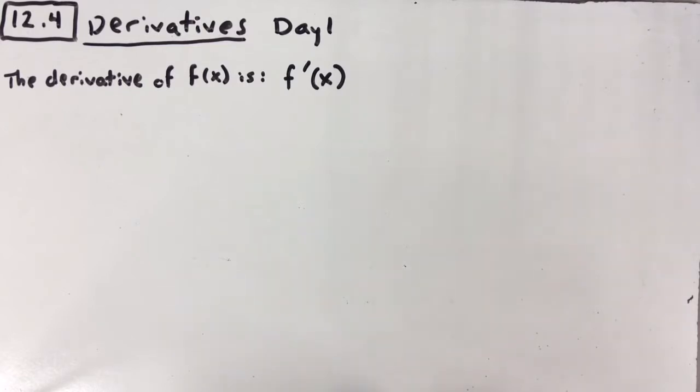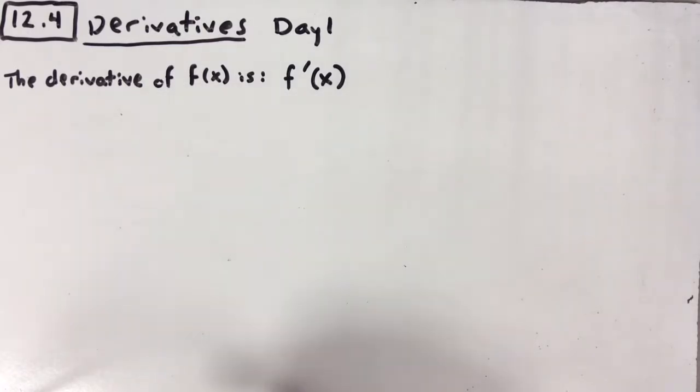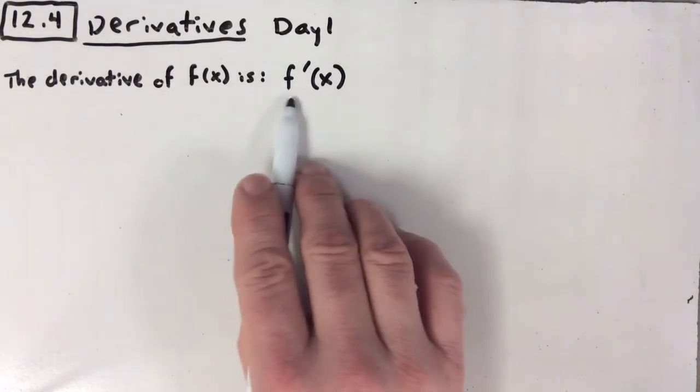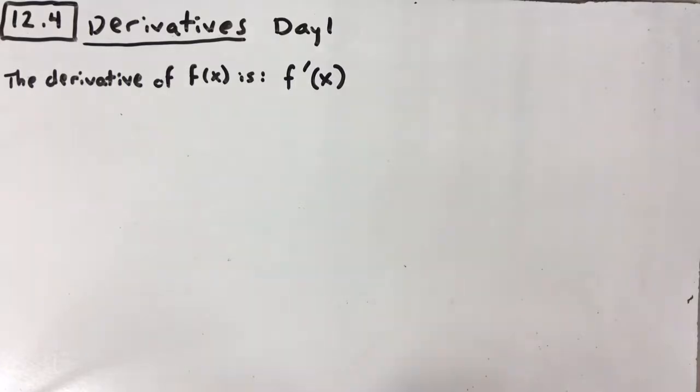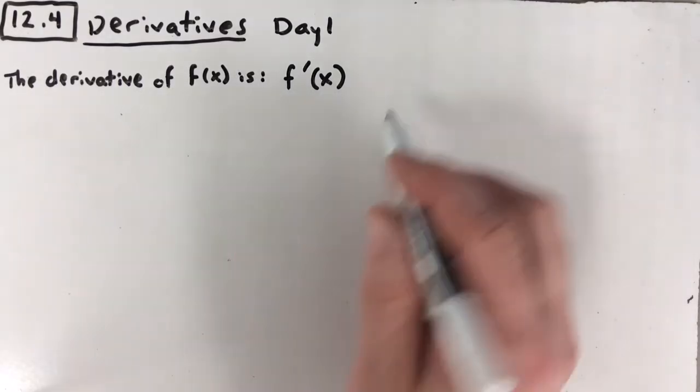This is a pretty common notation. So your original function is f of x, and then when you go through and find the slope of the tangent line, we use this notation, which is also the same thing as the derivative. So in section 12.3, we called it finding the slope of the tangent line at any point. And in section 12.4, we're going to call it the derivative, but it really is the same thing, and then this is the symbol for a derivative.